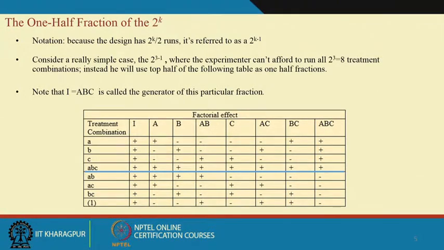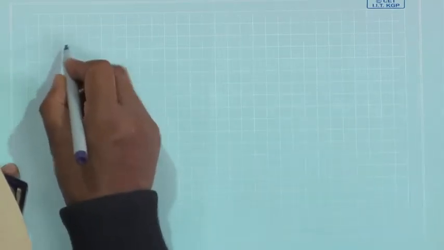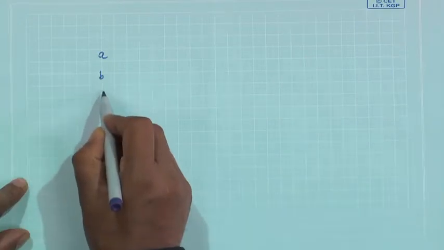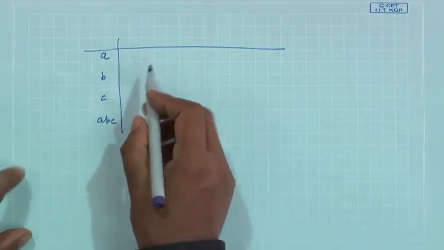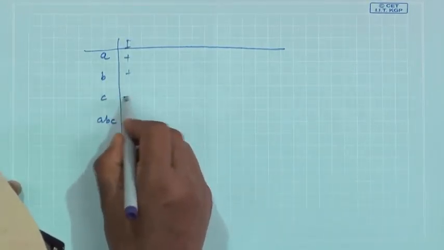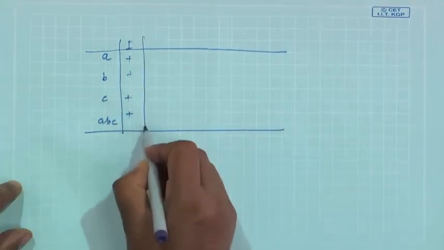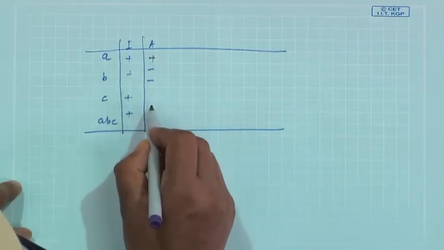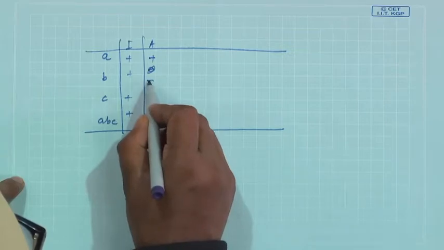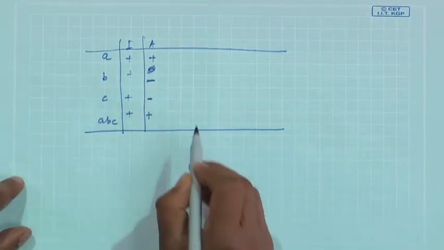So, if I do 1/2 here, my design matrix, or the factorial effect matrix, will be, suppose we consider the top one, let it be. So, A, B, C, then I: plus plus plus plus. Then A: plus minus minus plus.